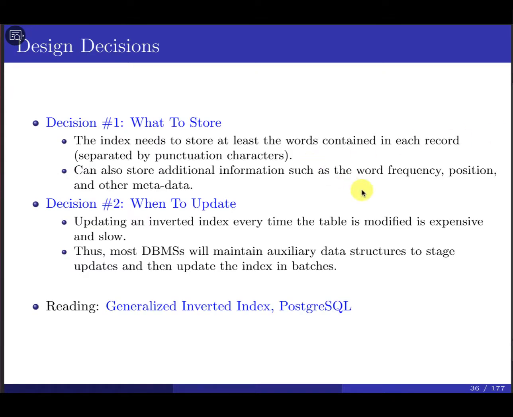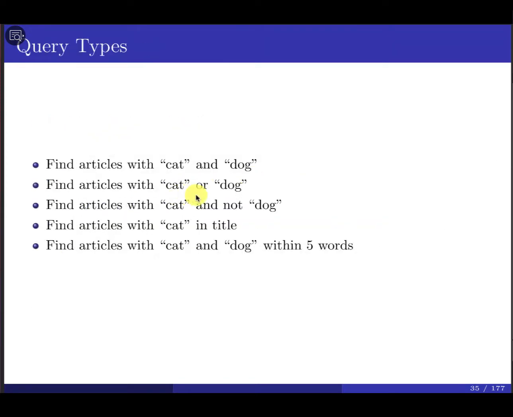So when you design, or let's say develop, an inverted index in general, there are 2 primary decisions we need to make. The first one is what kind of information I need to store. Because in order to answer this query, it looks like it's not enough to have cat pointing directly to a bucket, which is a list of pointers to the documents that contain cat. Here, I'm not interested only in the search key.